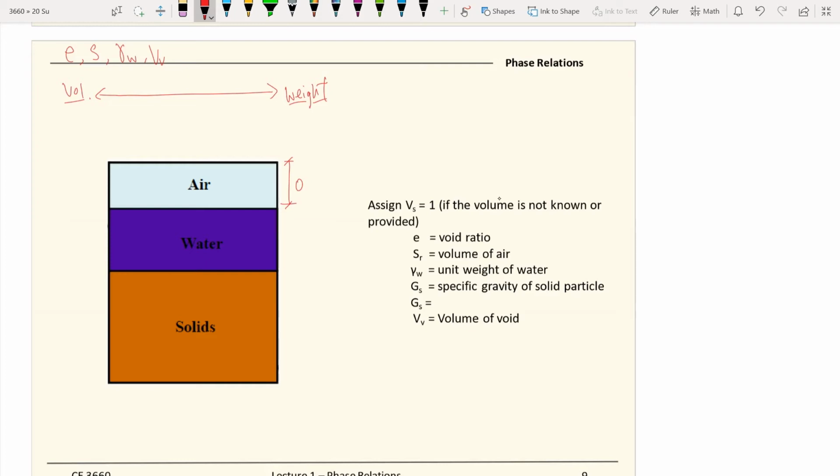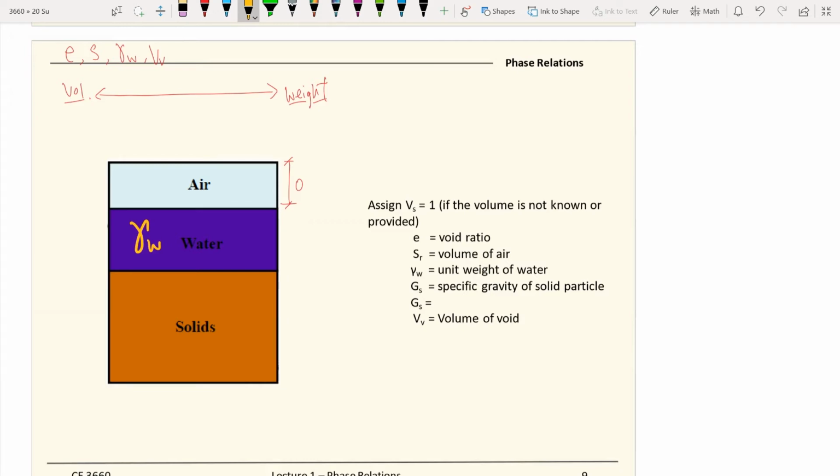When you need to solve phase relations problems, remind yourself you have two bridges to link the volumes and the weights of all the soil phases. The very first important piece of information is the unit weight of water.